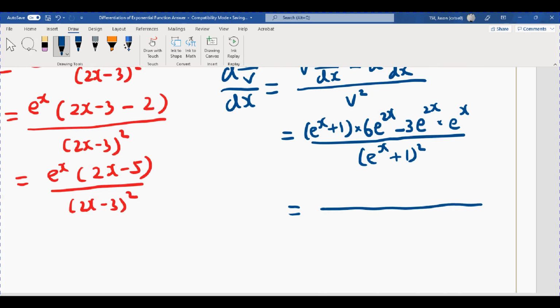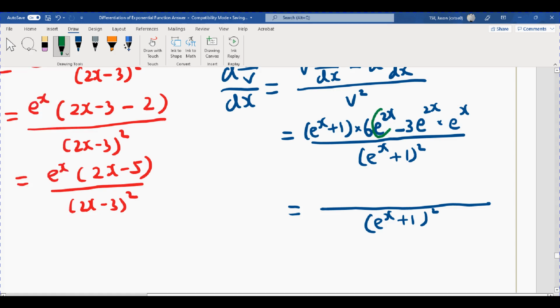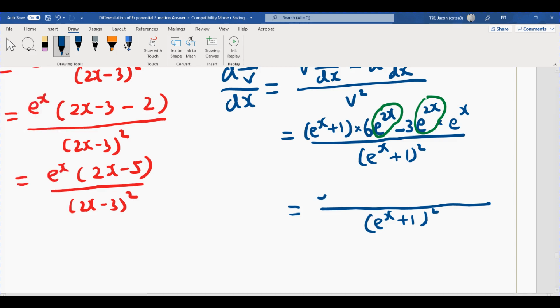Okay, so let's move on. In the above, you will see that there's a common factor right here. That e to the power x is not, but e to the power 2x is, so I'm going to take out e to the power 2x. And also that 3 and 6, I'm going to take out 3.